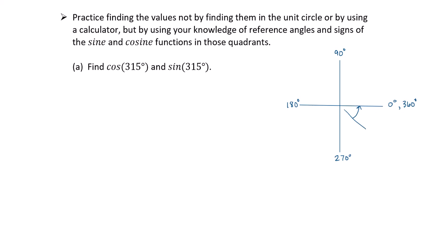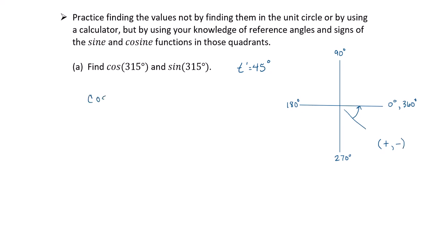How much more than 315 degrees does it take to get to the x-axis? That's going to be a t prime of 45 degrees. So 45 degrees is our reference angle, and I know that in that quadrant the x's are positive and the y's are negative.